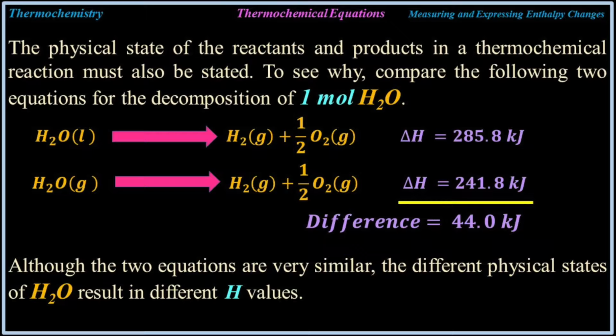That's endothermic. 1 mole of water gas yields 1 mole of hydrogen plus 1/2 mole of oxygen, and that's 241.8 kilojoules, and that's also endothermic. That's a difference of 44.0 kilojoules. That's substantial. Although these 2 equations are very similar, the different physical states of water result in different ΔH values.